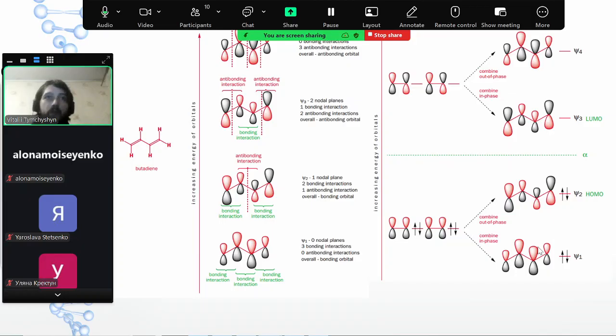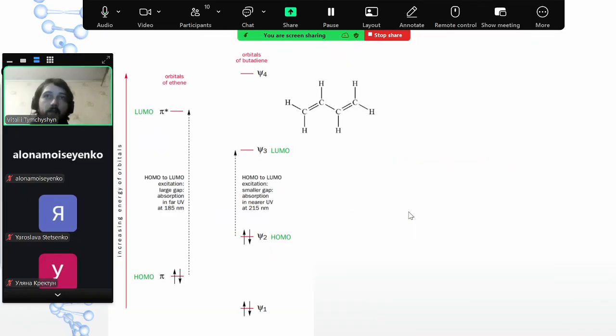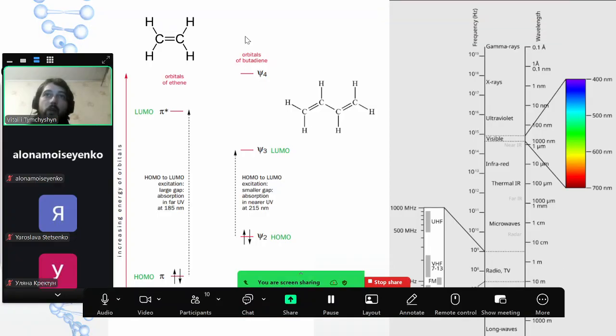And we are populating these molecular orbitals with electrons. Now, where does it get us to? It gets us to the question of the energy between HOMO and LUMO. Who remembers what is HOMO and what is LUMO?